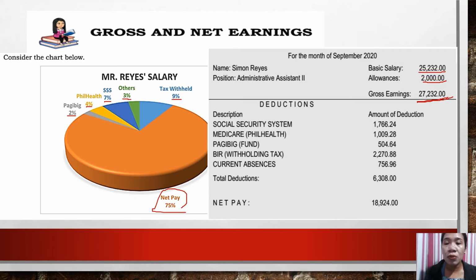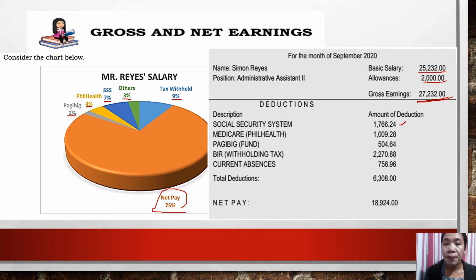But we have to consider the deductions. First deduction is Social Security System, which is 1,766 pesos and 24 centavos, which is how many percent of the salary? Okay, 7%.